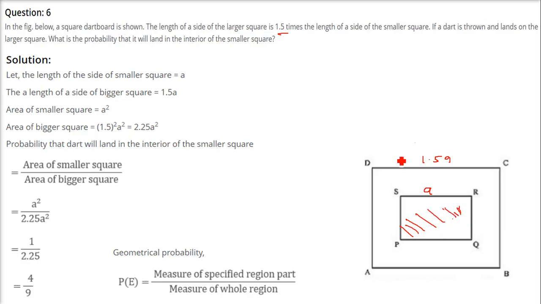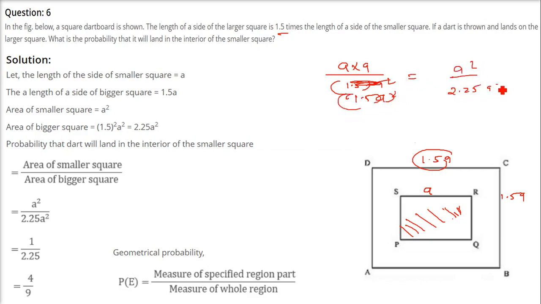This is a square, so A into A is the favorable region. Now how about the complete region, which is 1.5A into 1.5A, that is 1.5 squared A squared total. So that will be A squared by 1.5 squared A squared. 1.5 squared is 2.25.